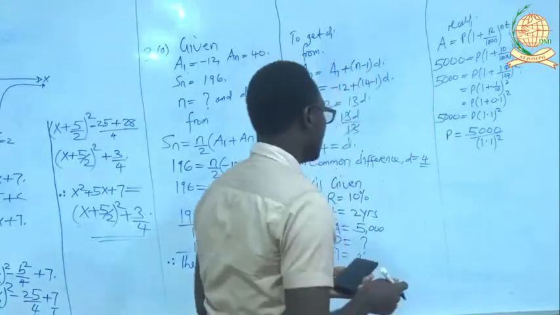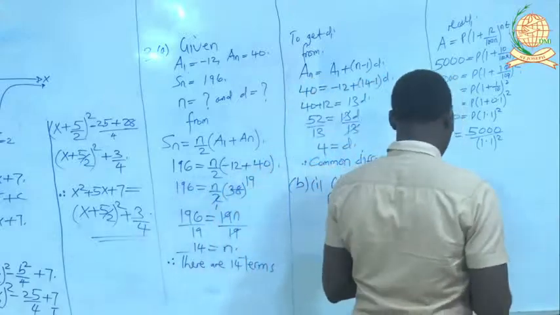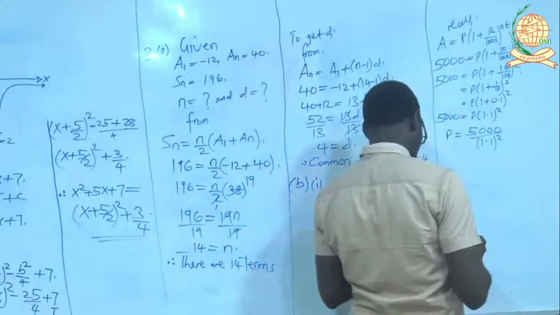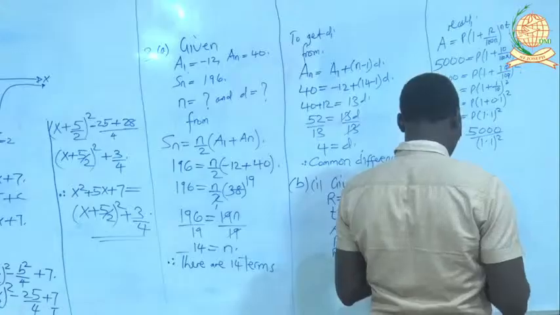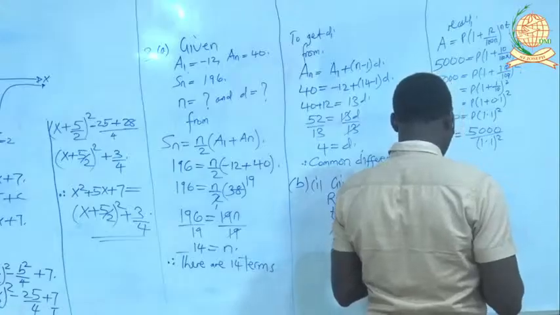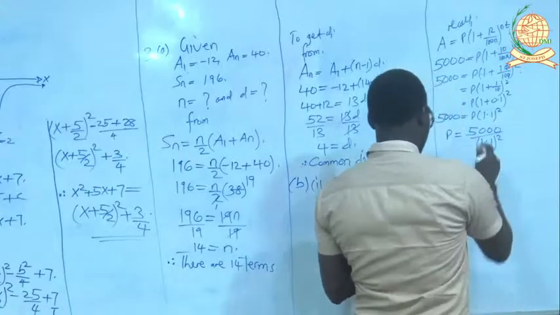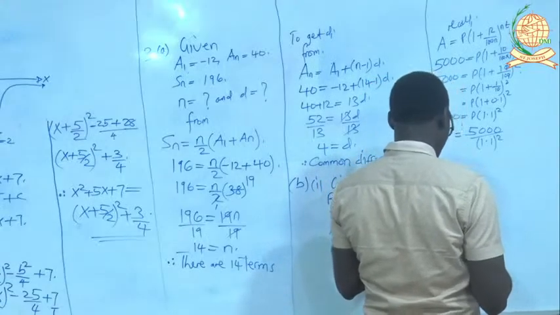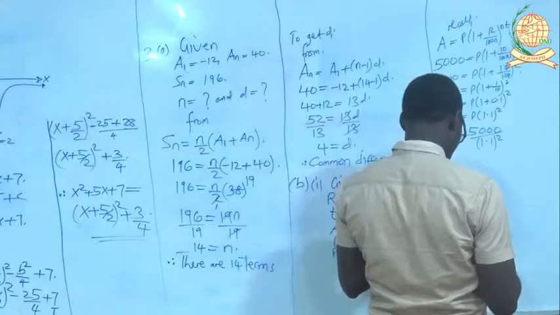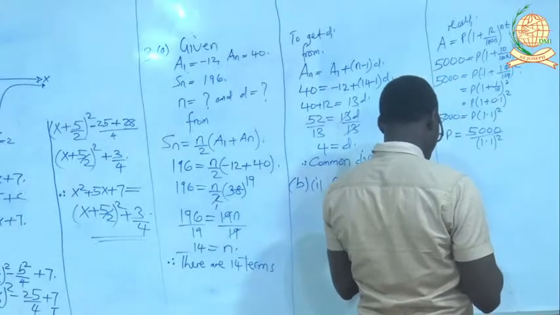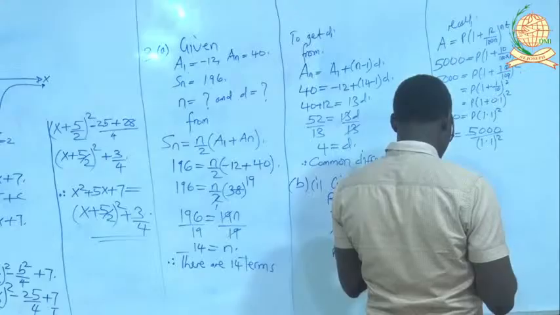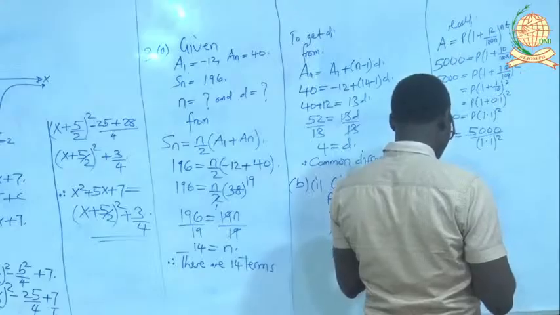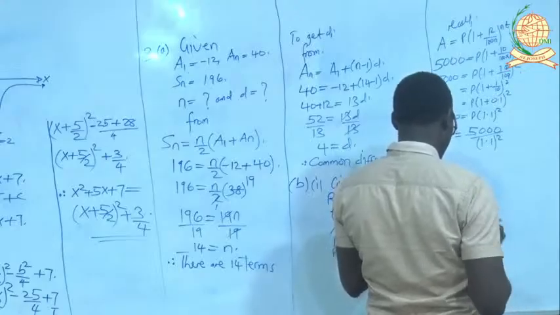Take 5,000, then you divide by open bracket, you write 1.1, close the bracket, then you square.